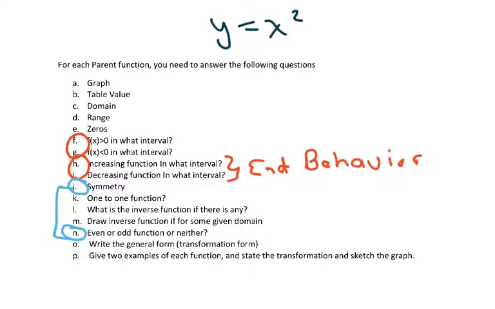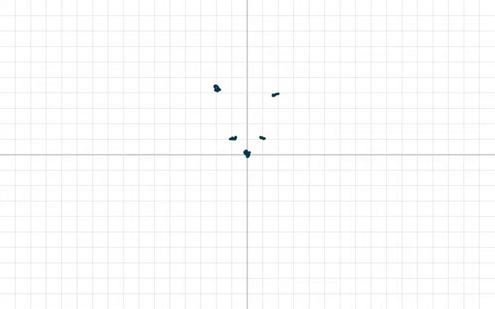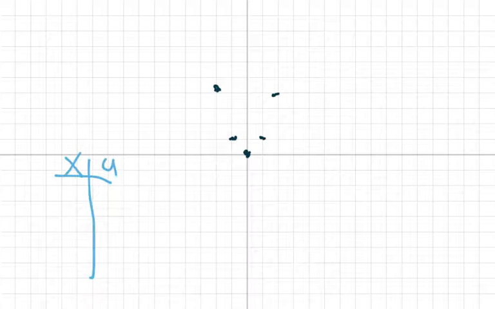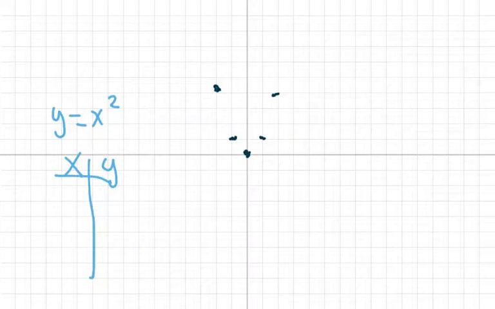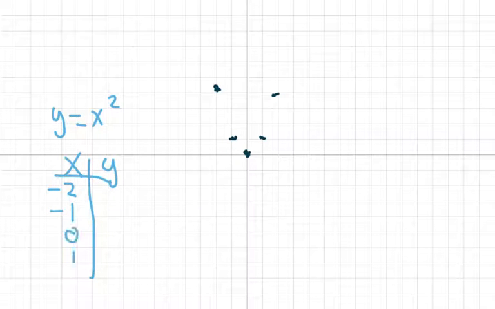So the first thing we're going to do is graph this by first doing a table of values. When I do a table of values, I pick some values that go well with this. So we have y equals x squared. I'm going to plot -2, -1, 0, 1, and 2.